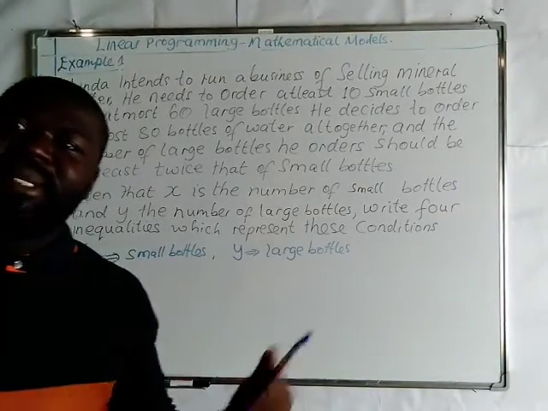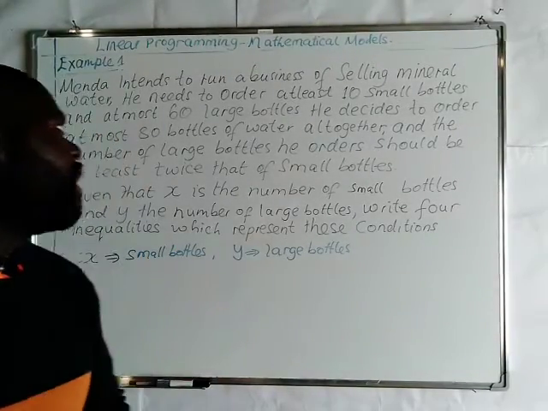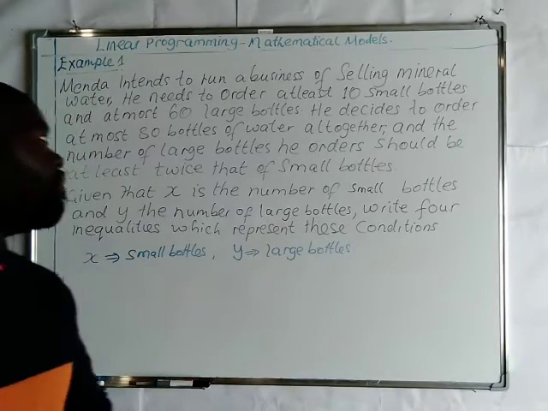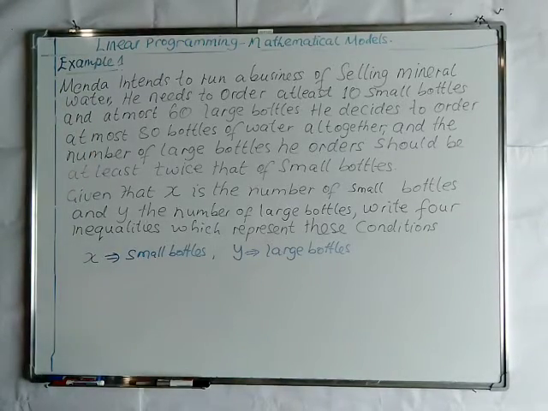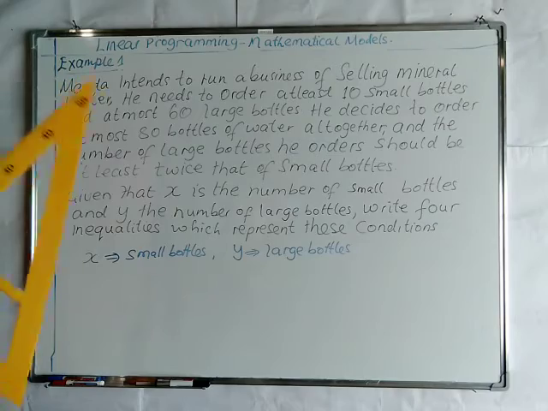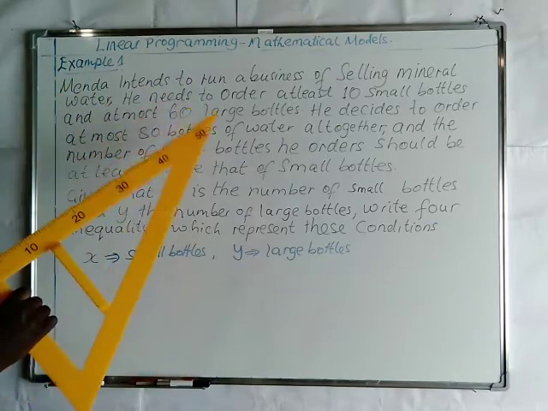Okay, let's continue. We now look at example number 1 under mathematical models of linear programming. So we have this example on the board where we are told that Menda intends to run a business of selling mineral water.